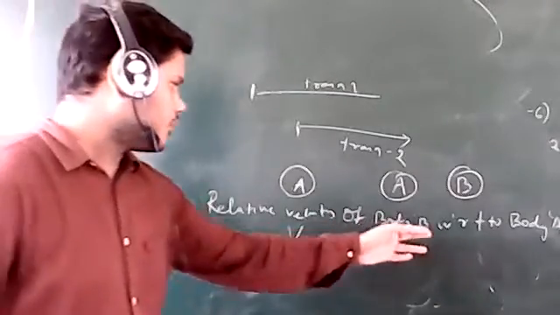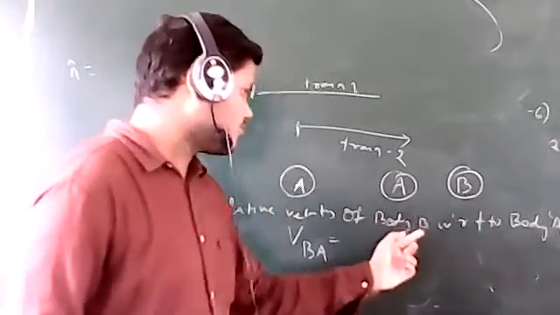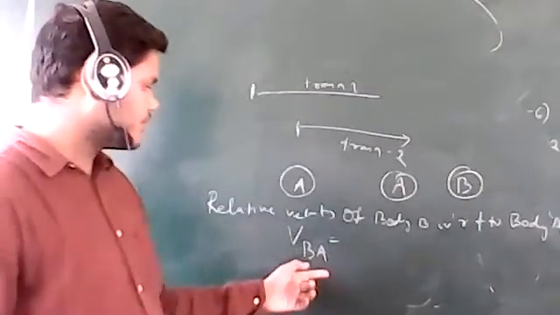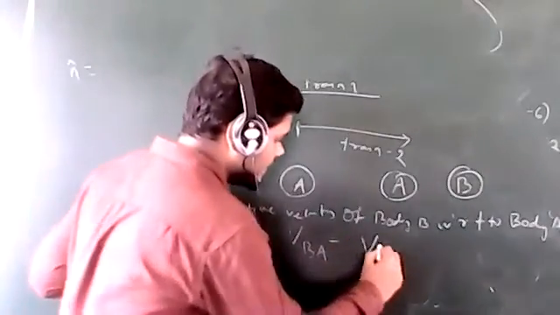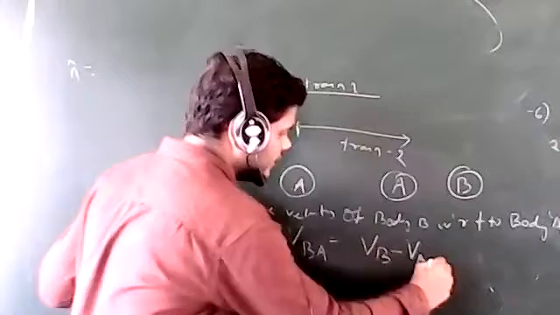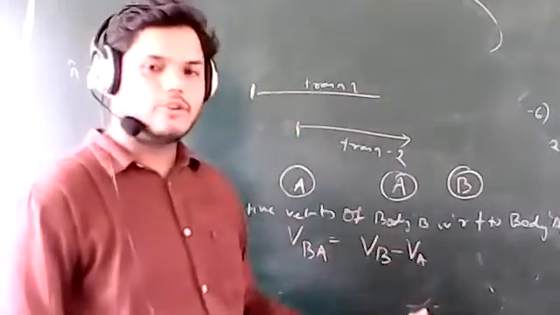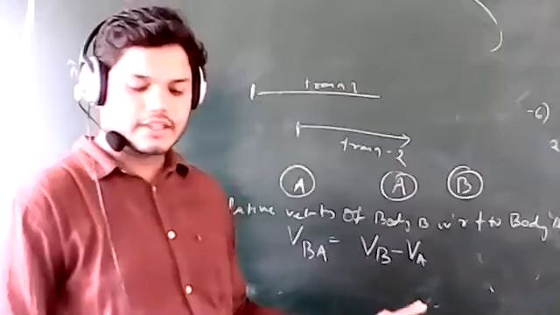First you write body B, then body A. That is VB minus VA, the velocity of body B minus the velocity of body A. So that is the formula.